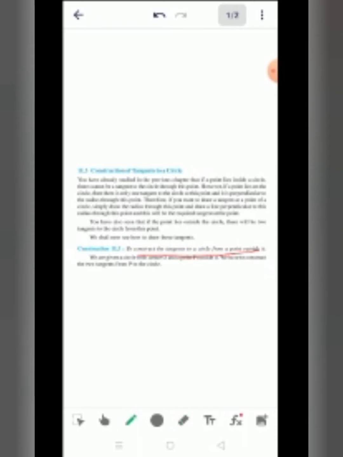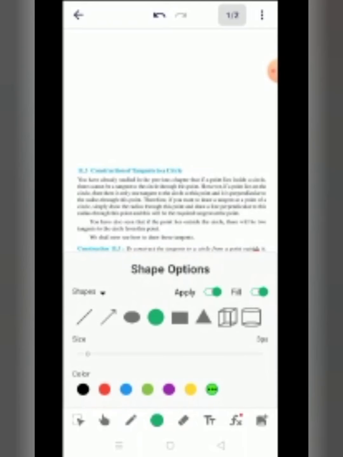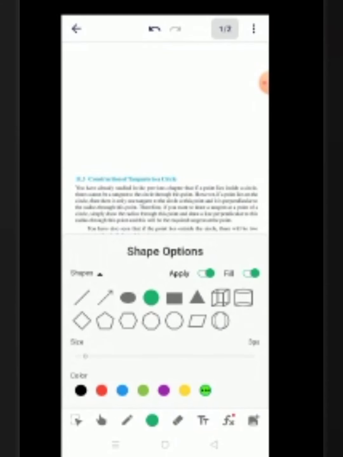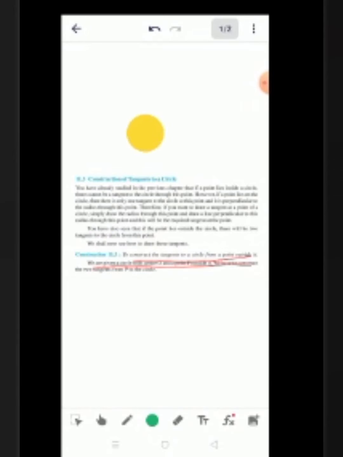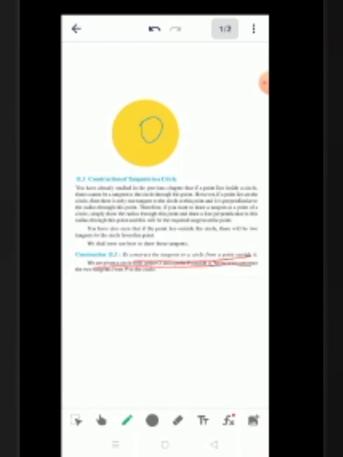Now let's see. We are given a circle with center O. Let's take a circle.